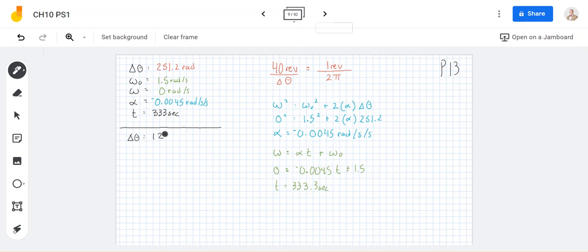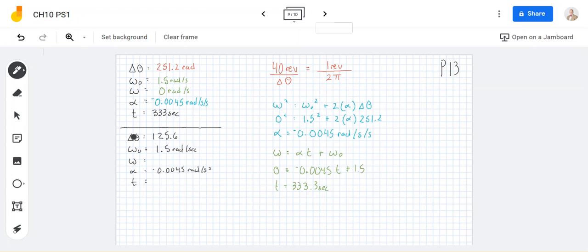So it's 125.6. This is still the same. This is not. Okay, this is still the same. We don't actually know what this is. And we're trying to solve for the time.